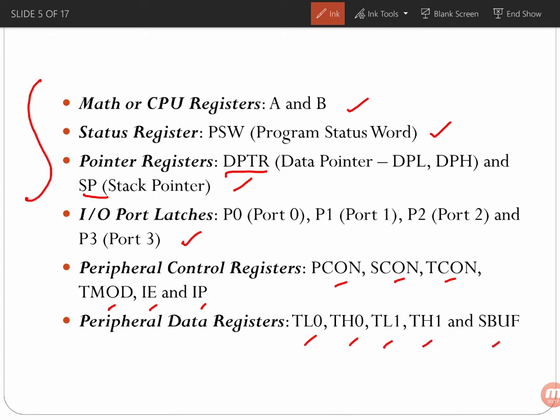This is the list of all your 8051 SFRs. So we'll go through them one by one in detail.